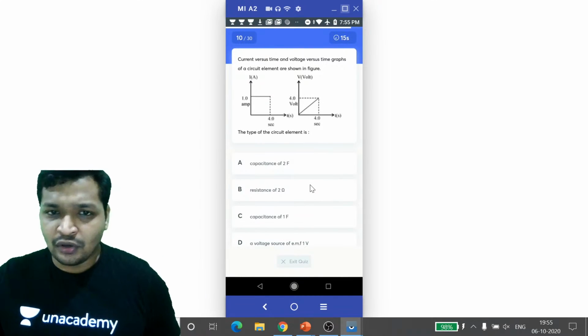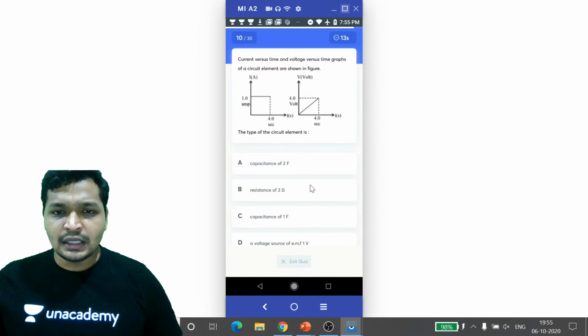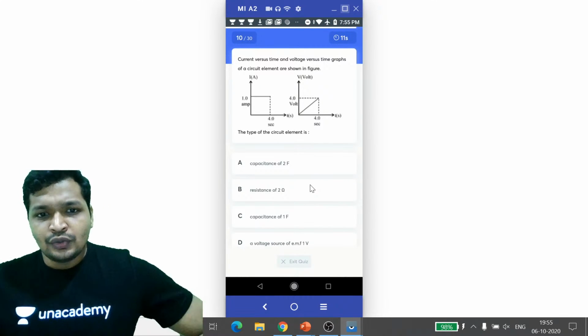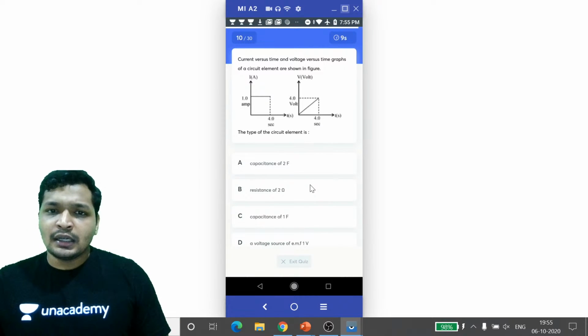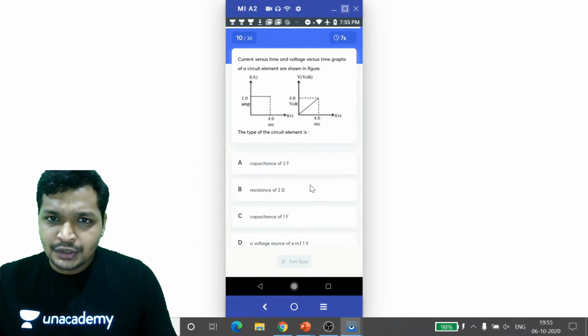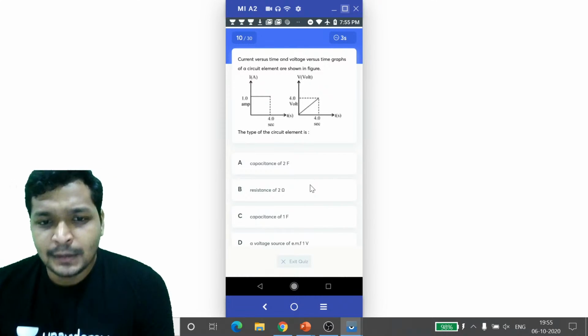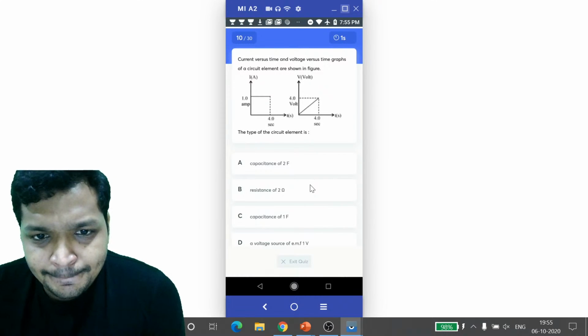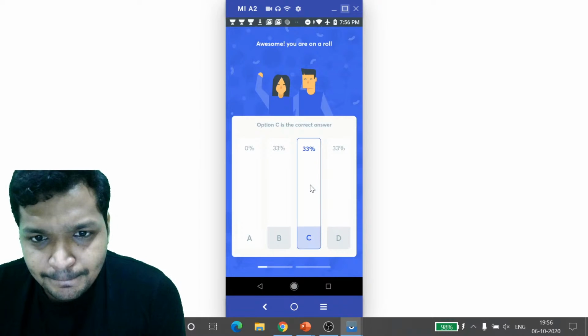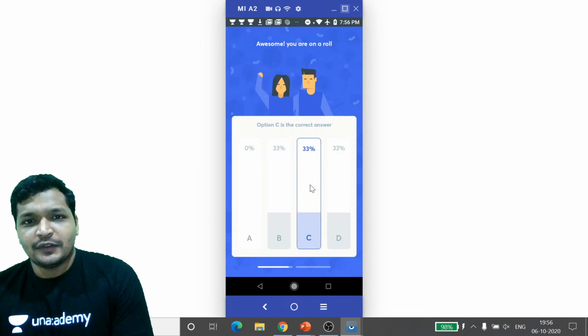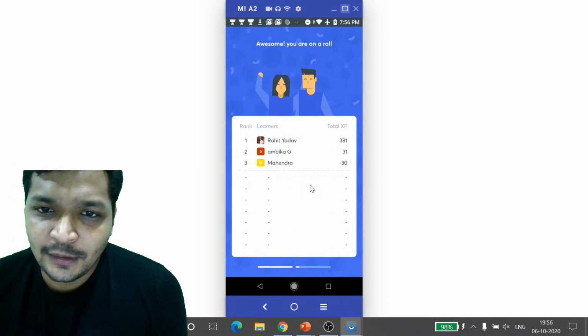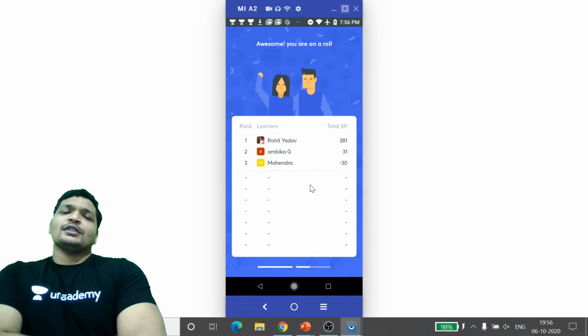I mean, current is constant and voltage is linearly increasing with time. So I think it should be a resistance, V is equal to IR.